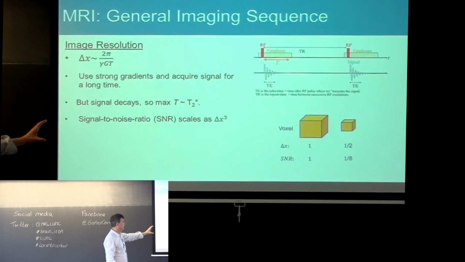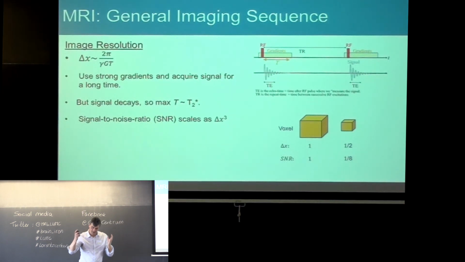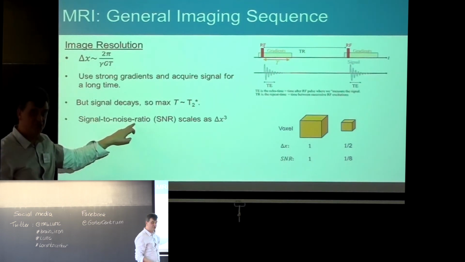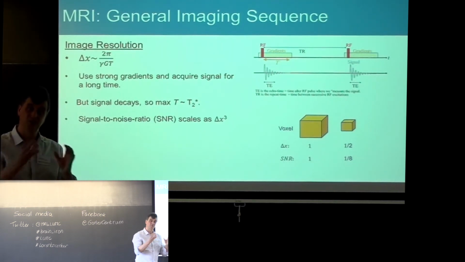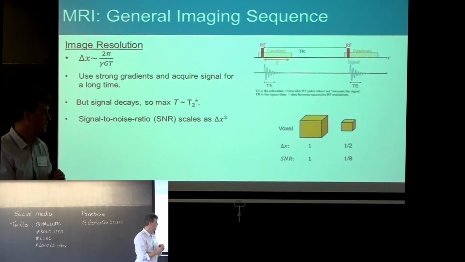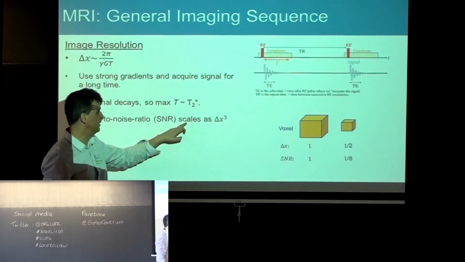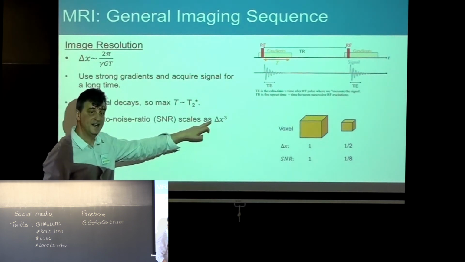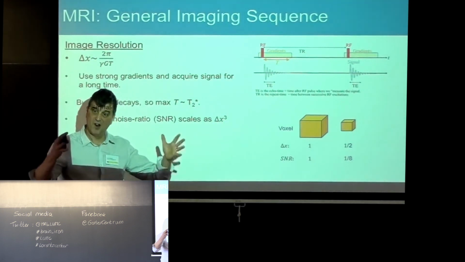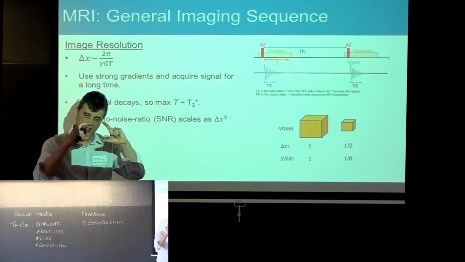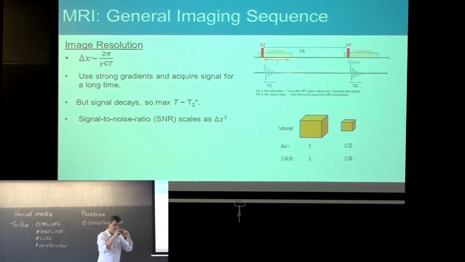Perhaps more importantly, nuclear magnetic resonance and magnetic resonance imaging is a relatively low signal strength technique. And it's often the signal to noise ratio which kills you when you try to go to higher and higher resolution. Because if you think about it, the signal to noise ratio scales as the cube of the size of a voxel, a little cubic element usually that gives you the signal that you put at a particular point in the image.